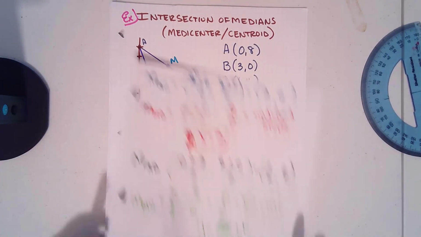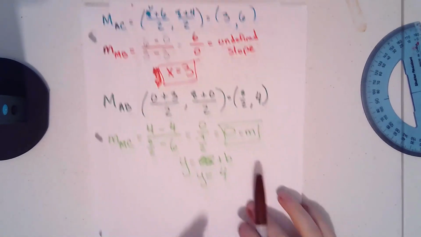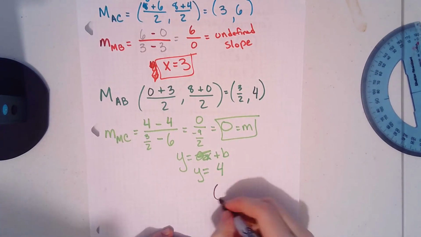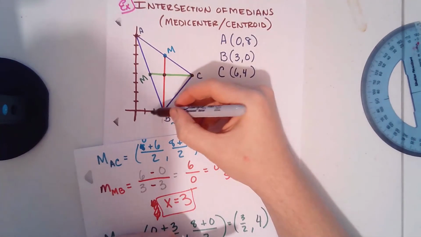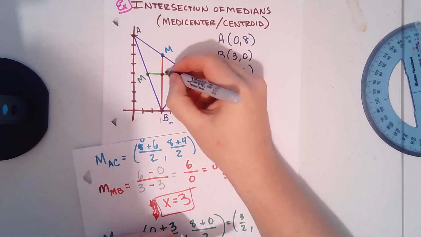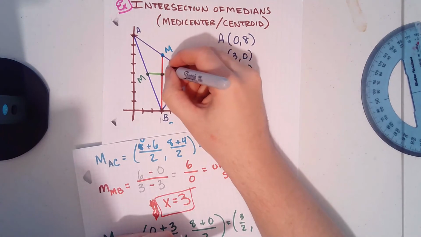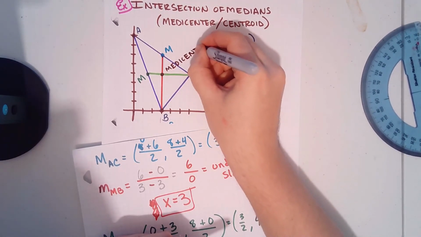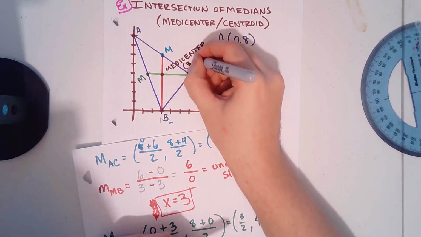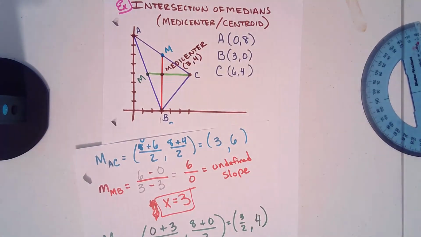Well, they intersect at the point where x is 3 and where y is 4. So they intersect at 3, 4, which if you check 1, 2, 3, 1, 2, 3, 4, that is our Medicenter. So our Medicenter is at 3, 4, also known as the centroid.